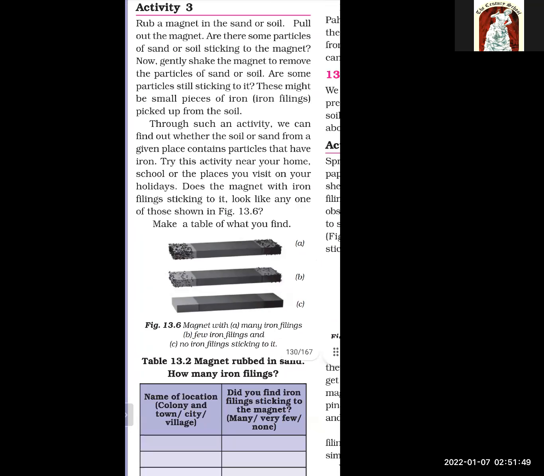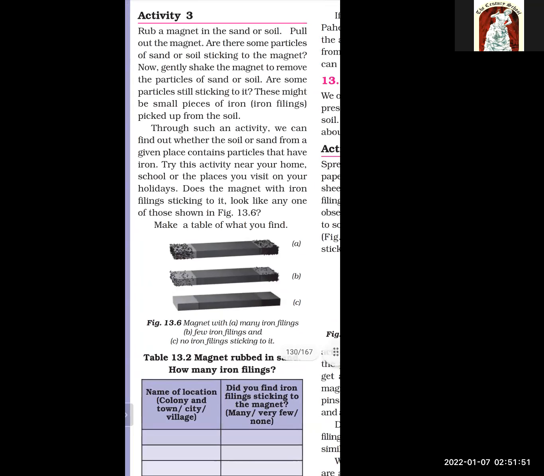So the observation may be A, B or C. So we can find out whether it is A, B or C.